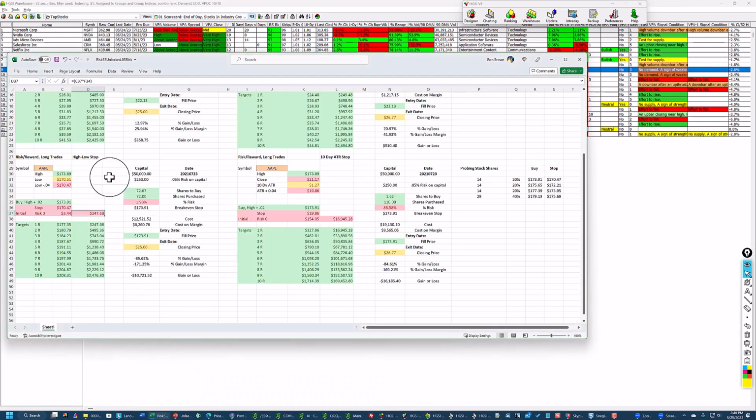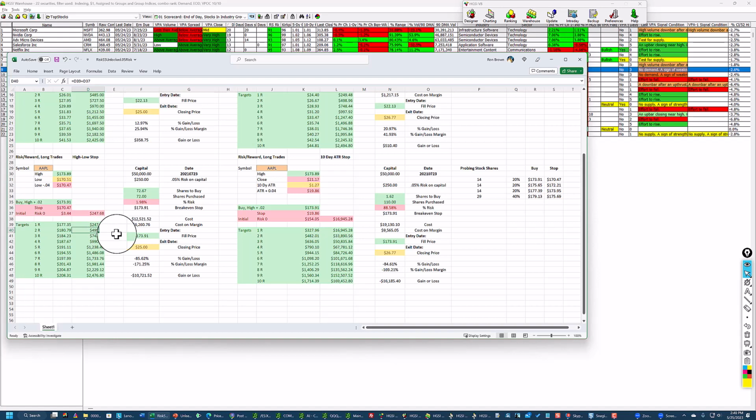Okay, so if Apple continues to go, every point up, every point down, $72 now. Your target, if you want to make one reward, the high is 173.89. If it gets up to 177.35, you'd make $250.